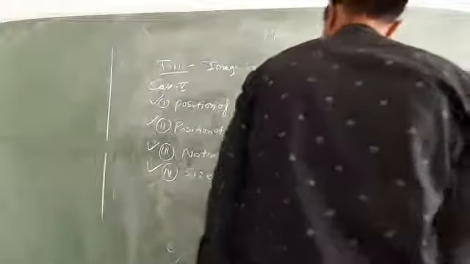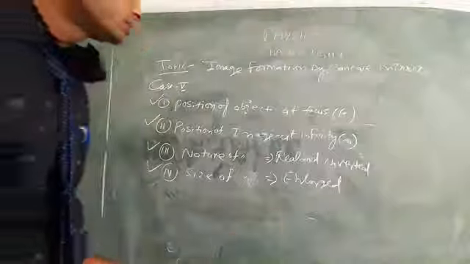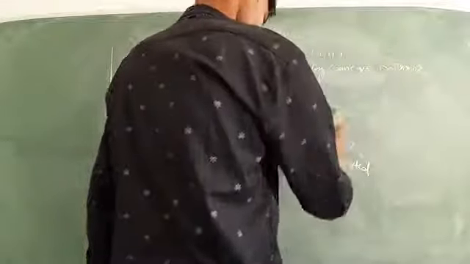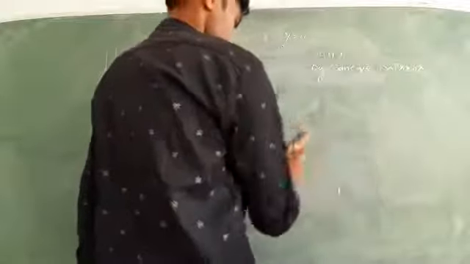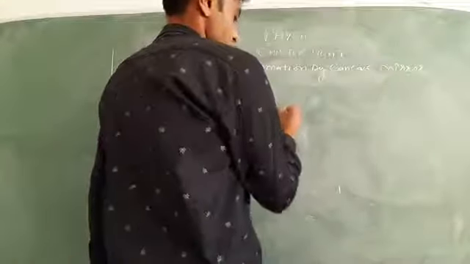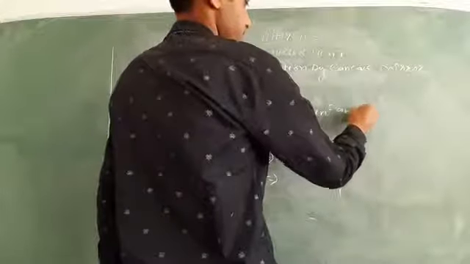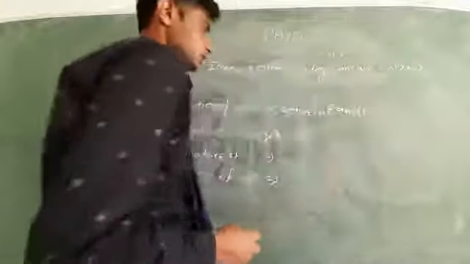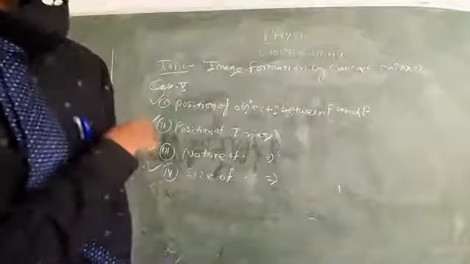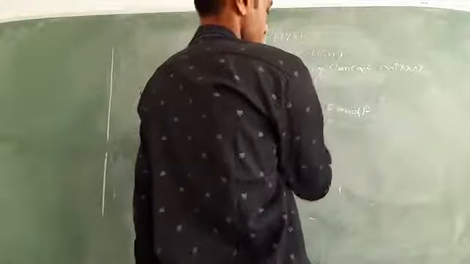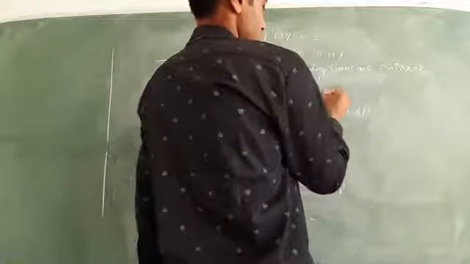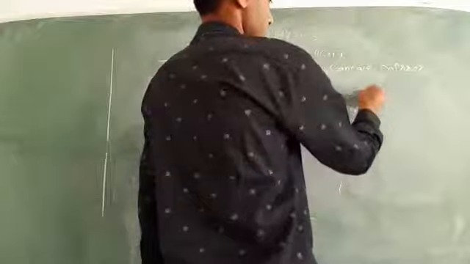In this last case, the position of object is between F and P, that is, between focus point and pole.